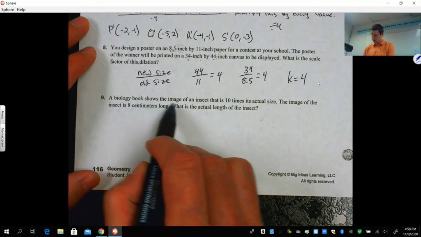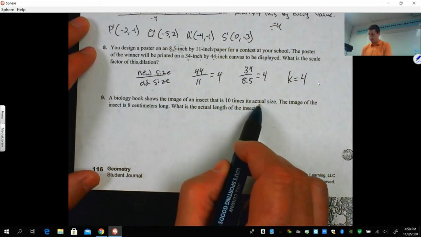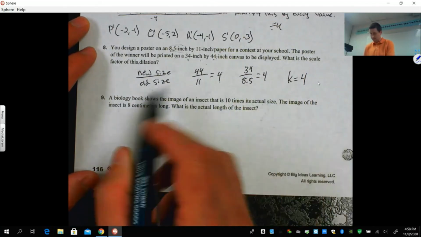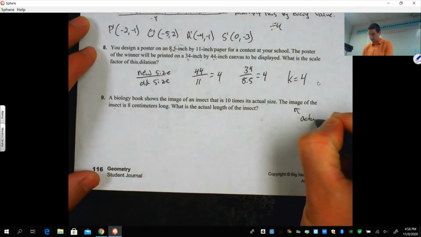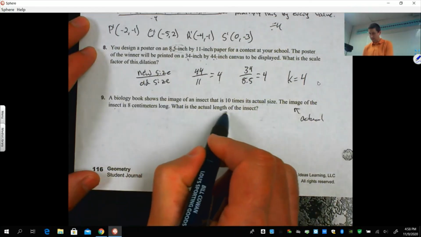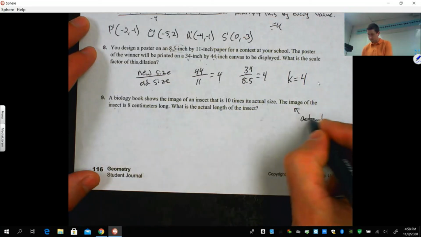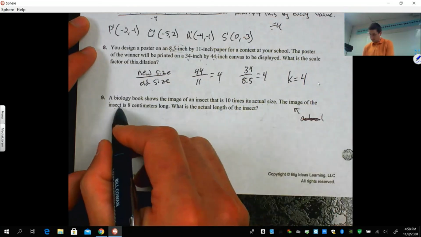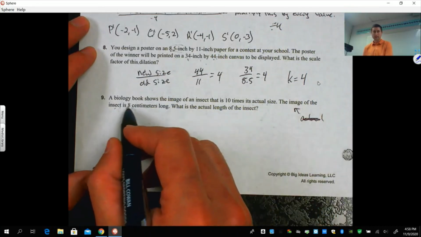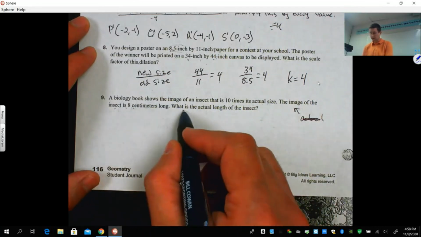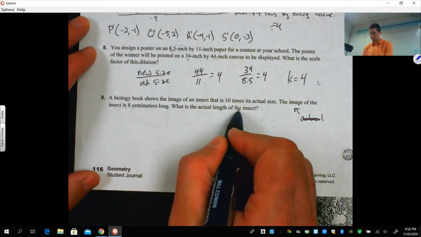A biology book shows the image of an insect that is 10 times its actual size. The image of the insect is 8 centimeters long. What is the actual length of the insect? Oops, sorry. So the image in the book is 8 centimeters long. What is the actual length of the insect?